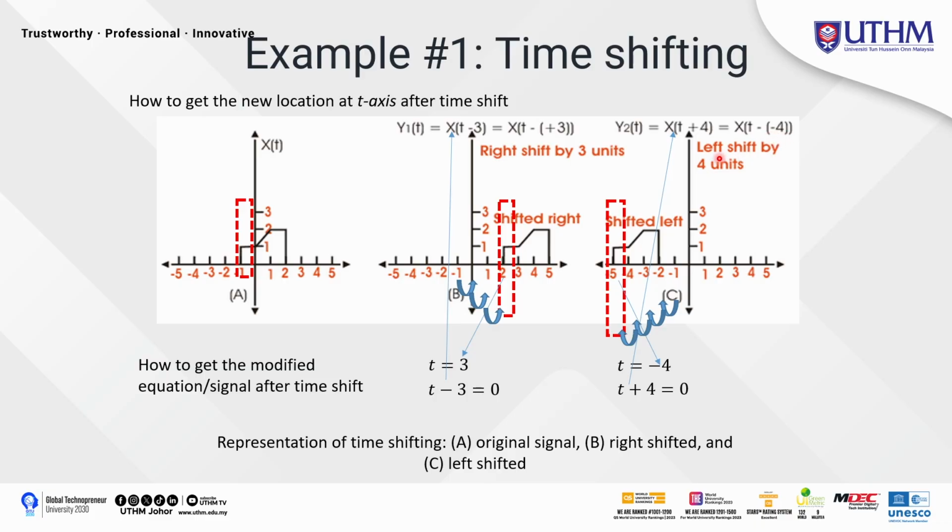This means it is left shifted by 4 units, that is, 4 units to the left. Calculating from -1, you count 1, 2, 3, 4, so the new location is -5. You should shift the whole graph to the left by 4 units. So this is the new location of the signal.